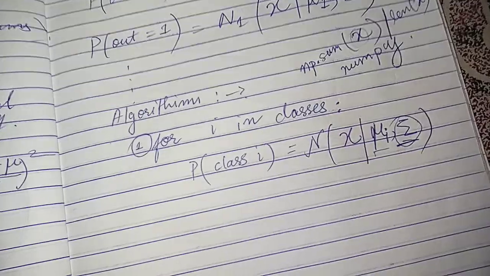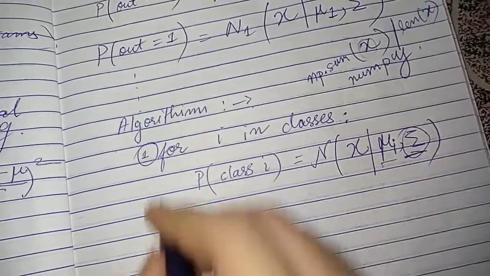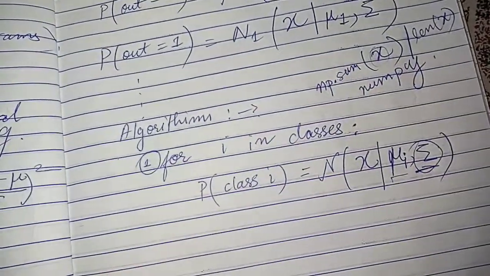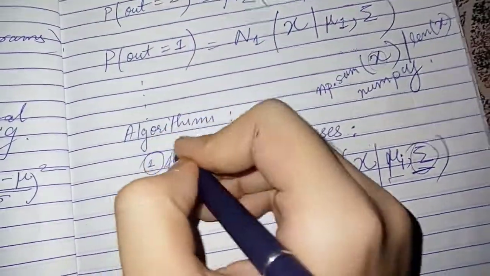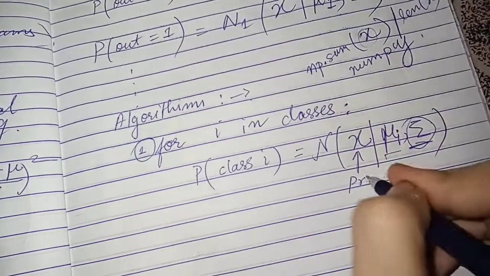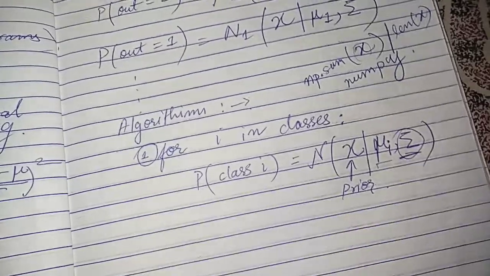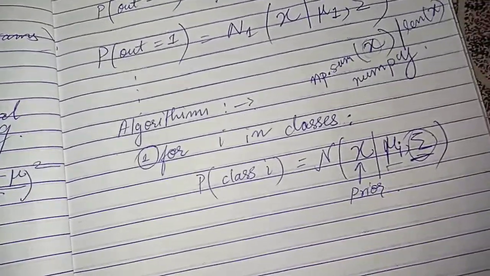And after you have found this, you have some set of priors that have been given to you. So this is your prior. It has been provided to you before. You have to find the probability of the prior.